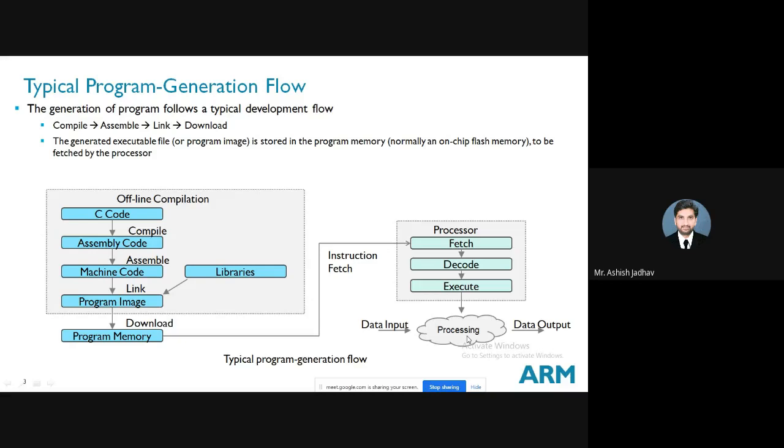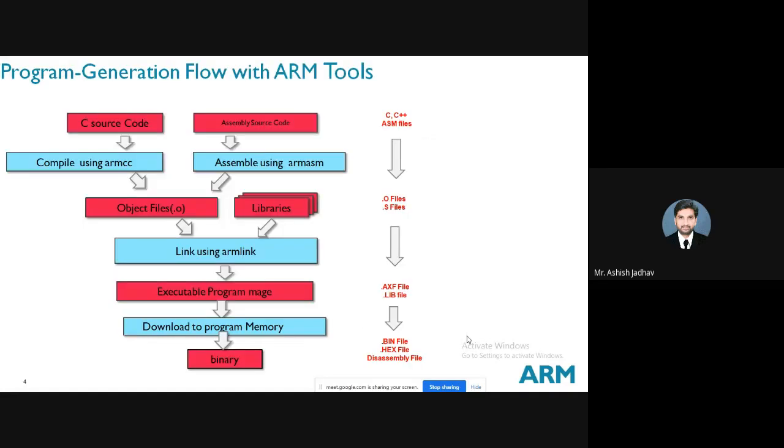After that, whatever data you take on a port will be added and the output given on some other port. This is how the end-to-end process happens as far as electronics, embedded systems or IoT is concerned, right? So this is the generalized flow diagram of writing a program.